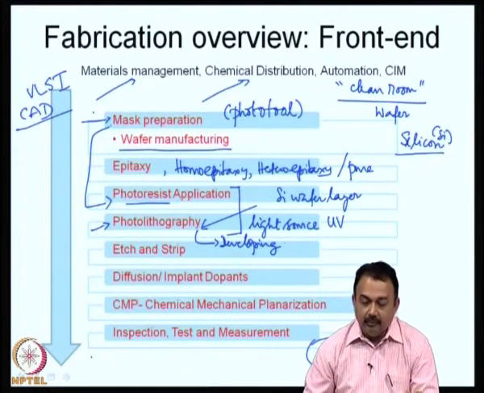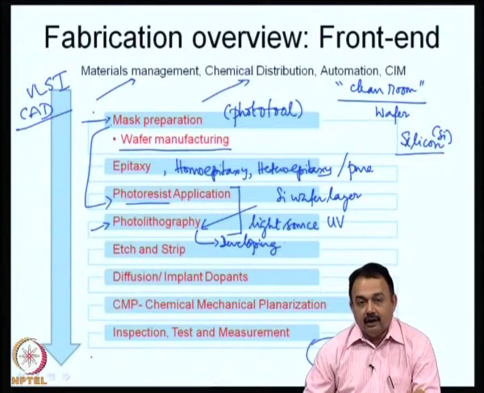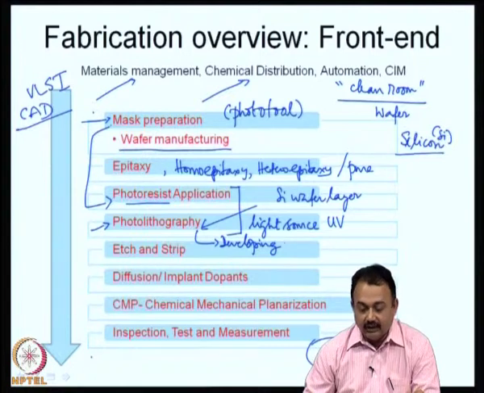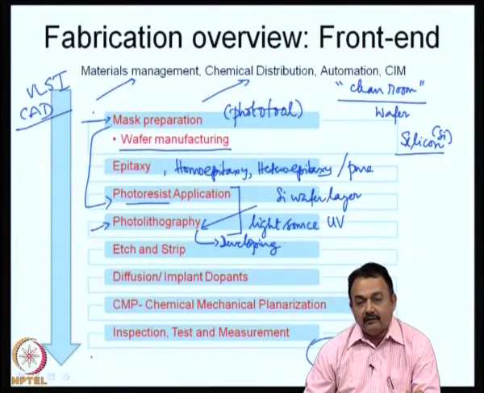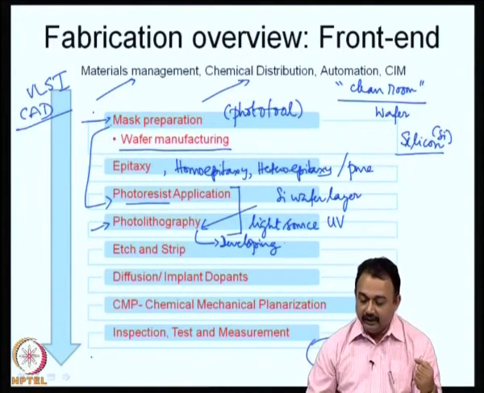Therefore, people are looking at new materials for UV light. For example, excimer UV light sources are being used, UV laser. Krypton fluoride is one of the materials that is used to get the source for UV light.